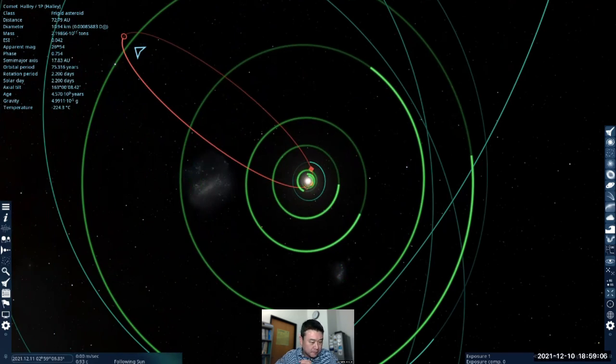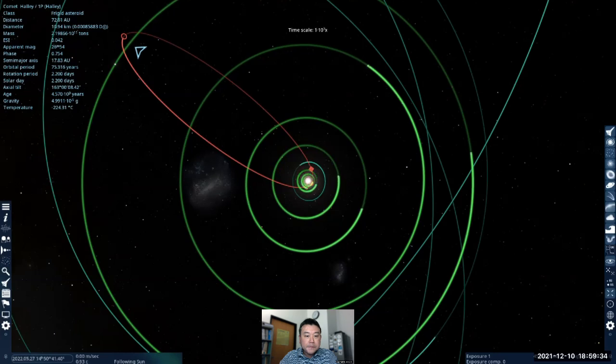So I'm going to speed up the simulation time a little bit so that the motion of Halley's Comet in this outer edge is still visible, because it's going to take another 30 years or so to come near the sun. So let me speed up the simulation time enough that it looks like it's moving.